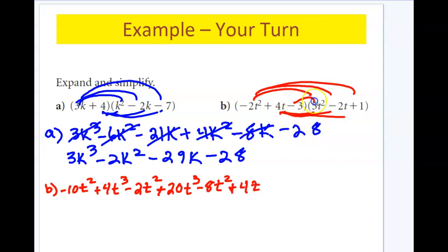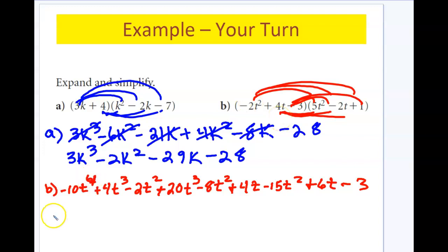And then distributing the negative 3, that'll be negative 15t squared plus 6t, and negative 3 times positive 1 would be negative 3. So gathering like terms, and I see I made a mistake right off the start. This should have been a negative 10t to the fourth.